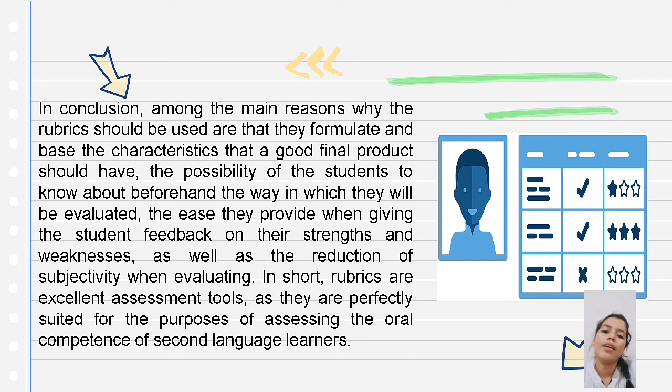In short, rubrics are excellent assessment tools, as they are perfectly suited for the purposes of assessing the oral competence of second language learners.